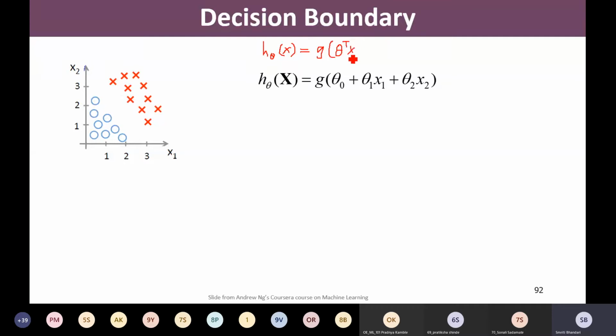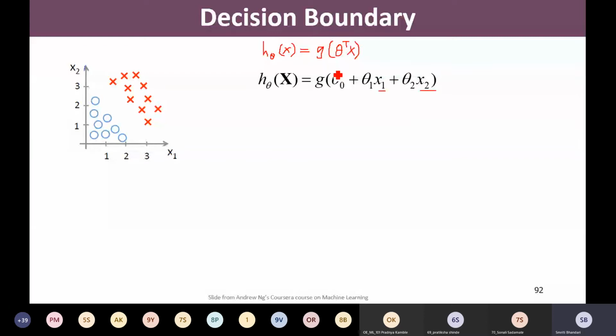Now, as in our example, we have two features, x1 and x2. Let us assume that the hypothesis is defined as g of theta 0 plus theta 1 x1 plus theta 2 x2.